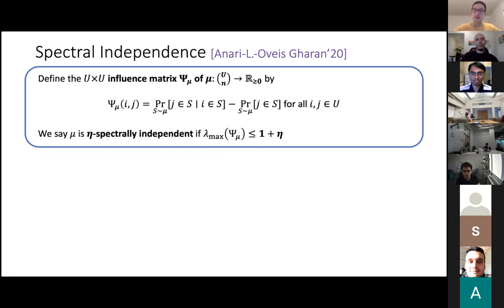I personally like to think of this more as an influence matrix, because you're asking how much does knowing the status of element i influence the marginals for j. Okay. So we have a matrix, and we can ask about eigenvalues, and we'll say our distribution is spectrally independent if the largest eigenvalue of this influence matrix is upper bounded by this quantity 1 plus eta.